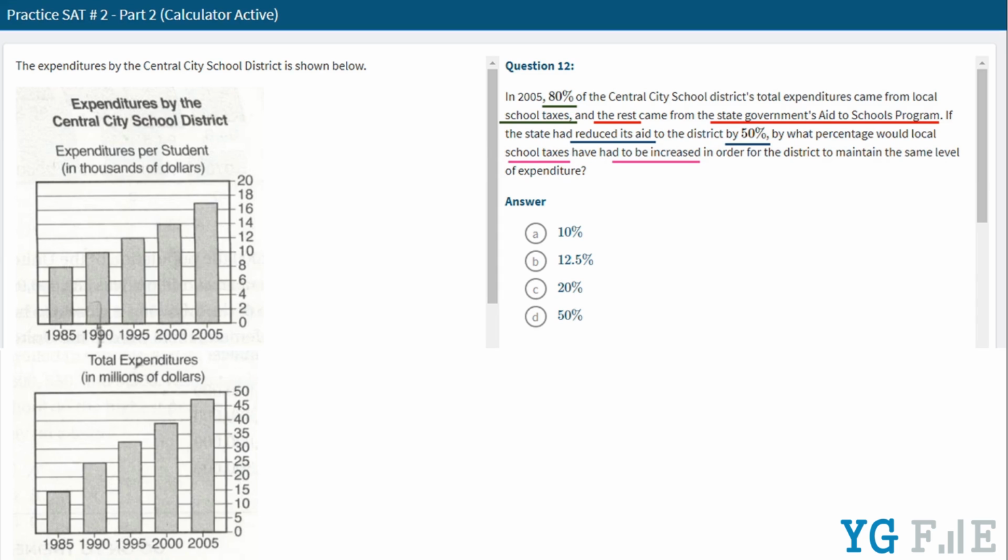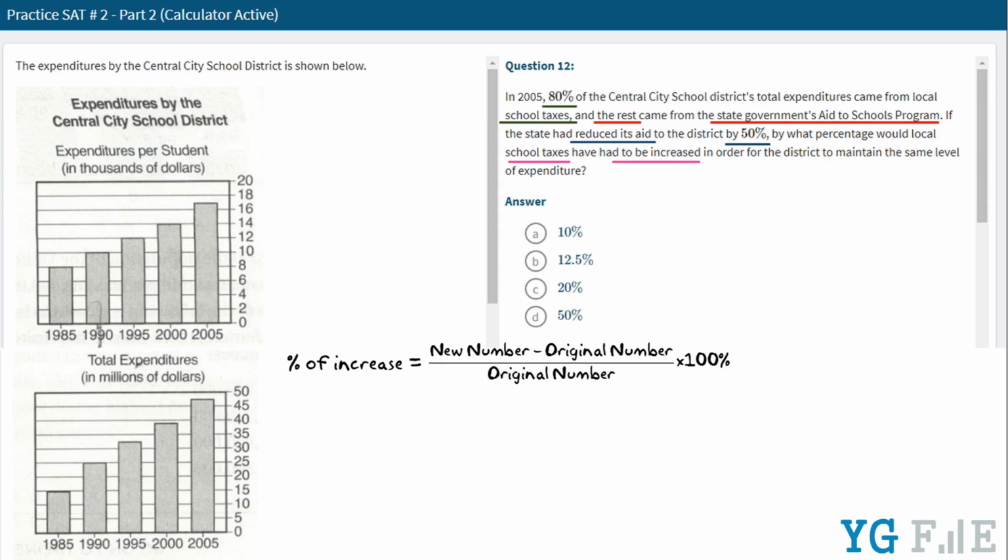The percent of increase can be calculated as the difference of the new number and the original number divided by the original number times 100%. So from this formula, we can see that to solve this problem, we don't need any information from the graphs, but we need to find the percentage of the school taxes after the aid program is reduced.